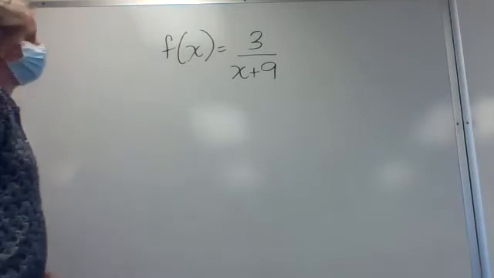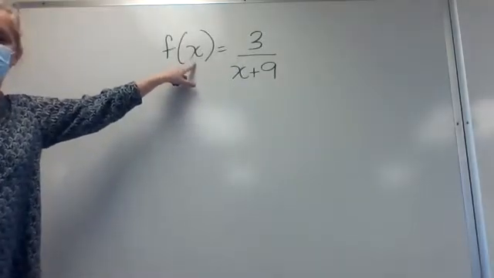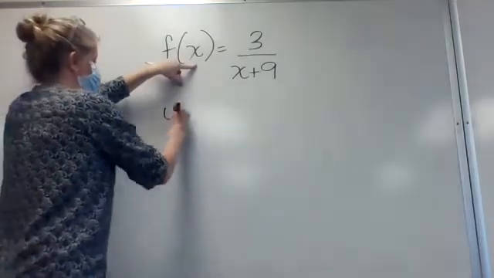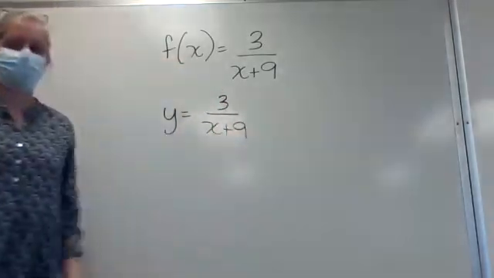Okay, it is going to be one-to-one. So the next thing I'm going to want to do, what does f of x really need to be called? Y equals 3 over x plus 9.